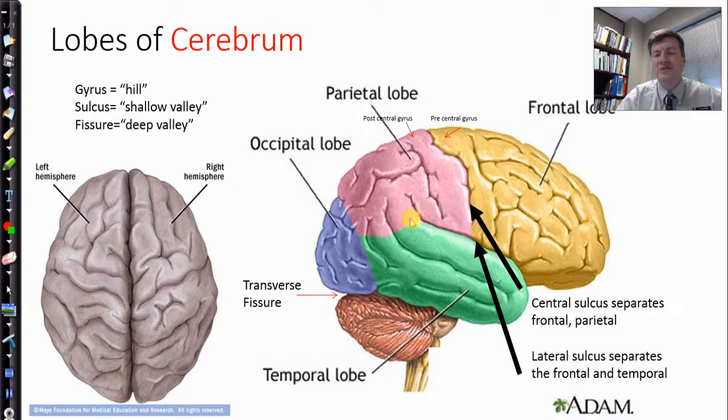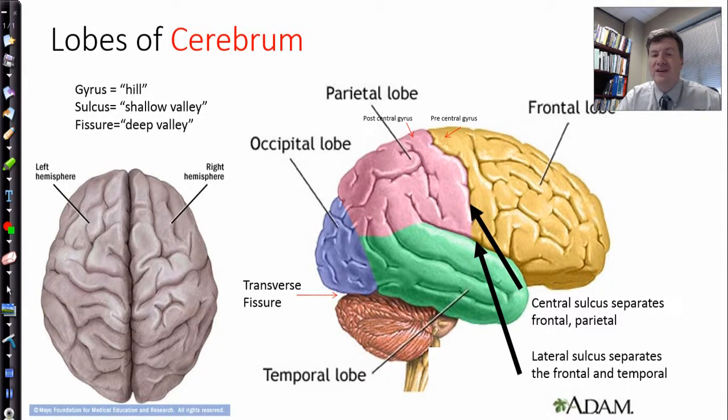So why do we care so much about these bumps and grooves and gyri and sulci, and even naming some? For example, we can name the central sulcus here that separates the frontal and the parietal lobes, or the lateral sulcus that separates the frontal, the parietal, and the temporal lobes. Well, we can actually associate specific brain functions with specific parts of the brain.